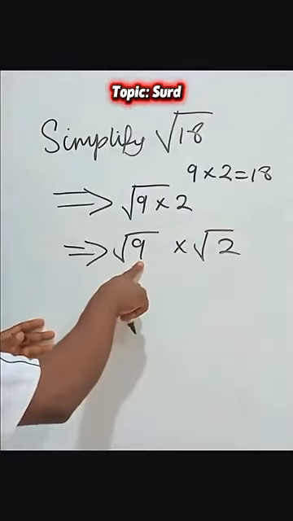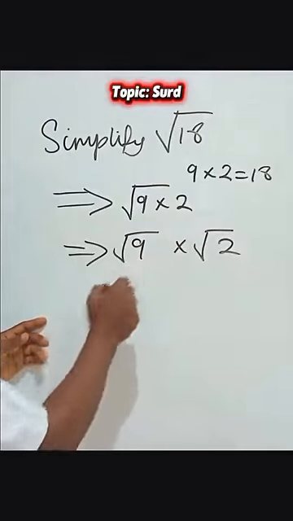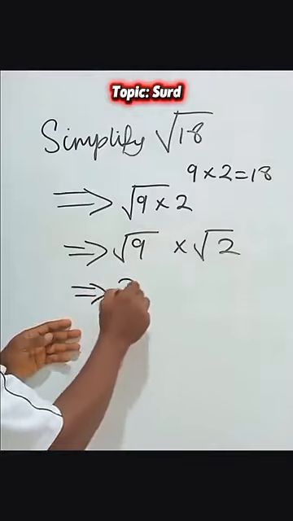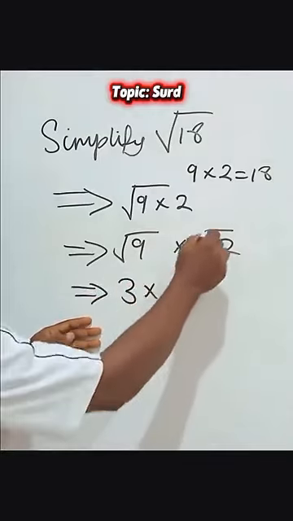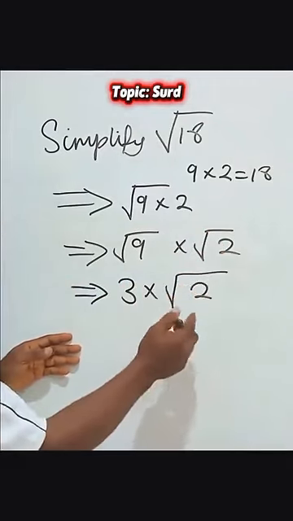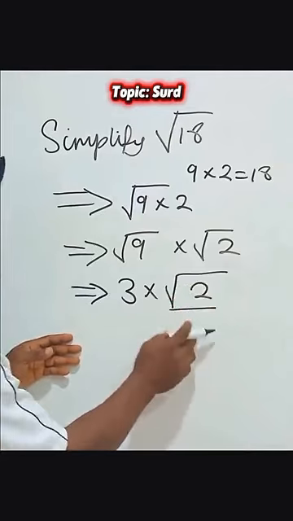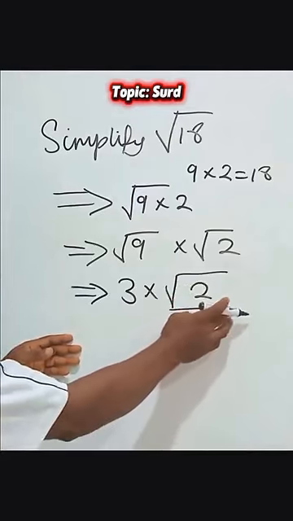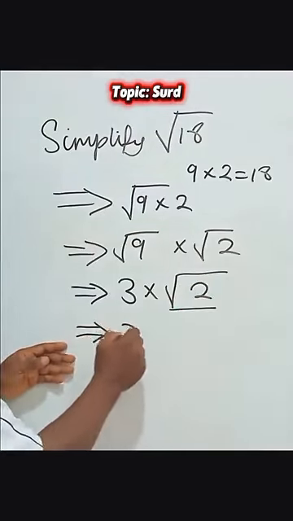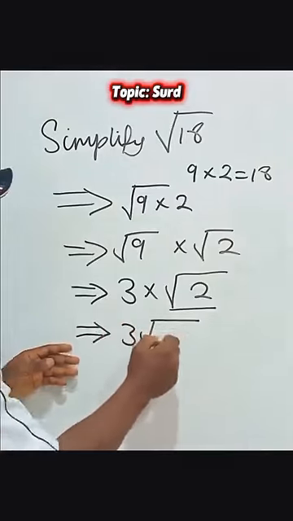The square root of 9 is 3. Therefore, this becomes 3 multiplied by the square root of 2. Now, since the square root of 2 is a surd and cannot be expressed as a whole number, the answer becomes 3 root 2.